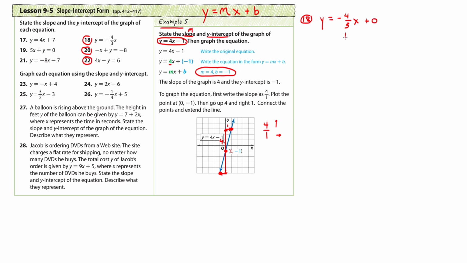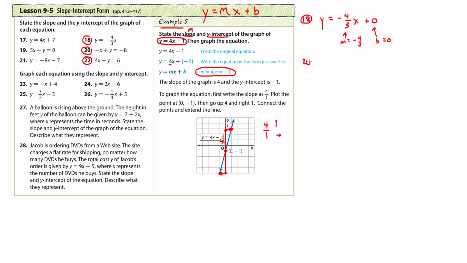This is your slope. So the m is the negative 4/3. And then this number here is your y-intercept. That's referred to as the b. So the b is 0. So this line would hit the y-axis at 0, and then from that point we could go down 4, right 3, and we could graph that very easily. They don't ask us to, so I'm not going to.